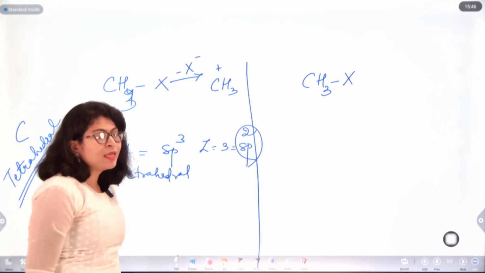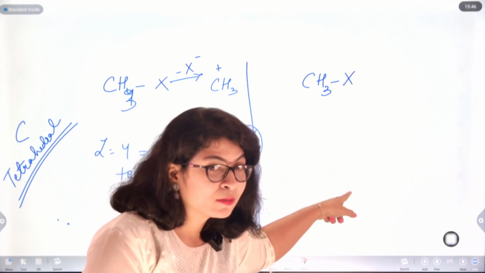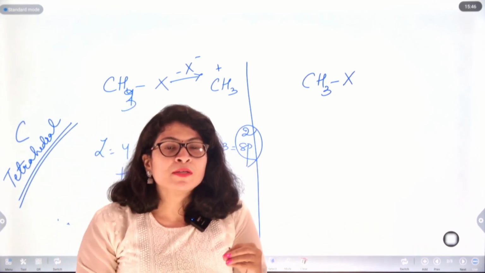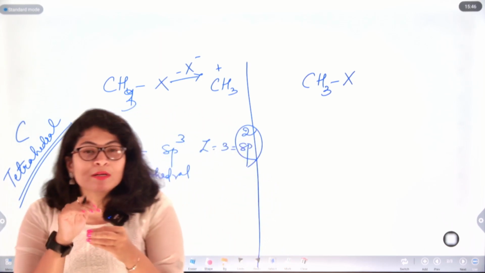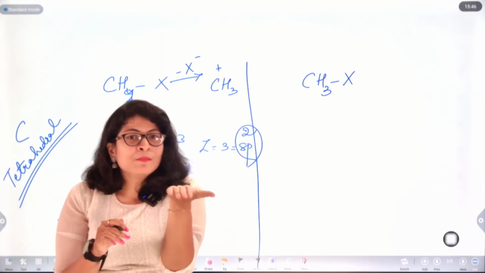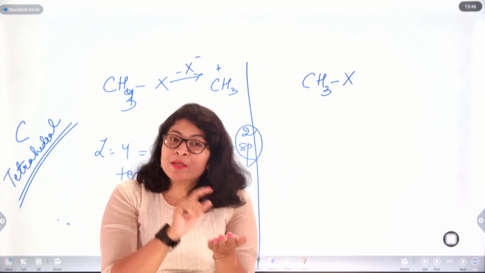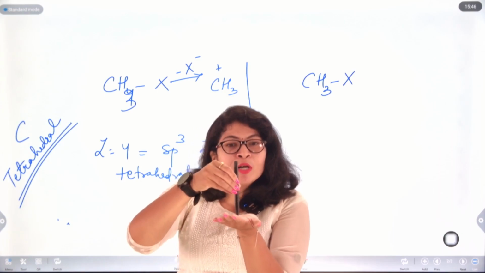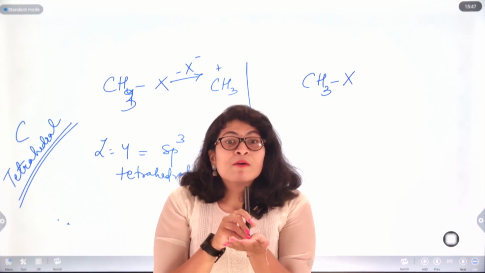Now remember, if I'm saying sp2, the shape of sp2 was trigonal planar. Therefore, the geometry shifts from tetrahedral to trigonal planar. What happens? Initially, they were tetrahedrally arranged, one here and the other 3 here. But now, after the removal of the heteroatom, all the 3 came to one particular plane. The empty orbital, that is the orbital from which the X moved out, is perpendicular to the plane, and that's why it is available for attack.